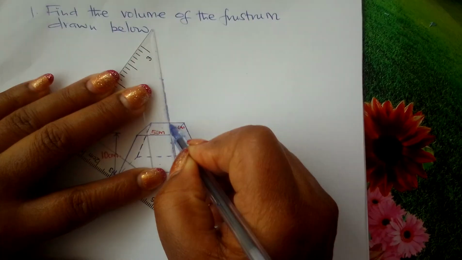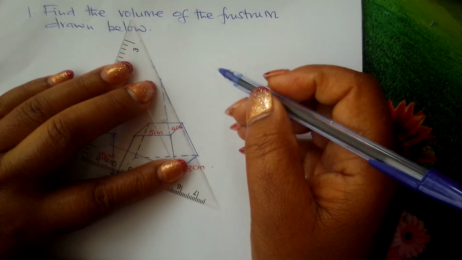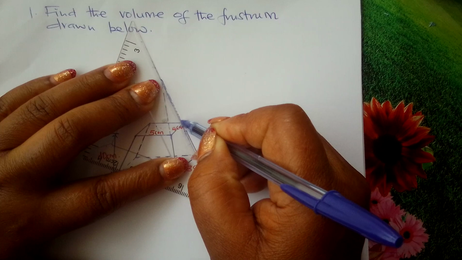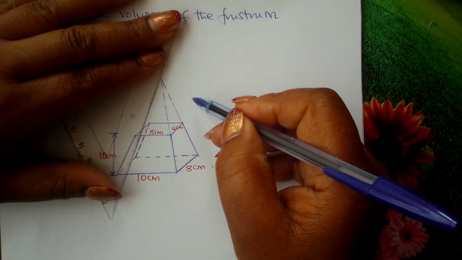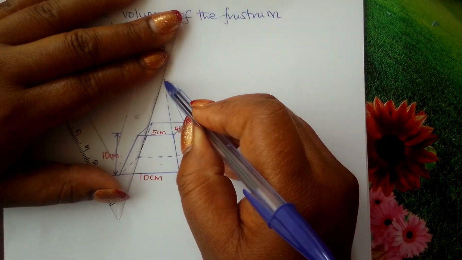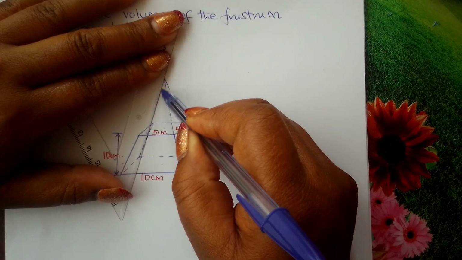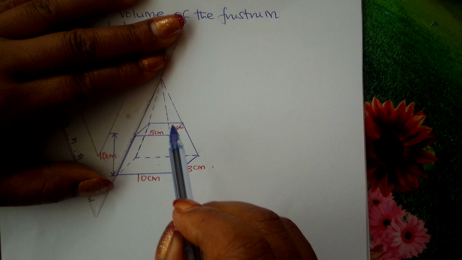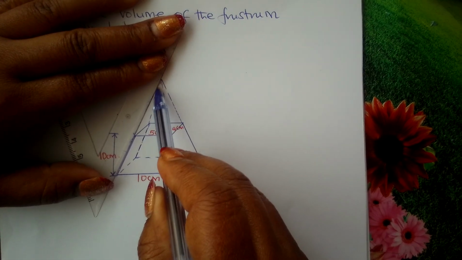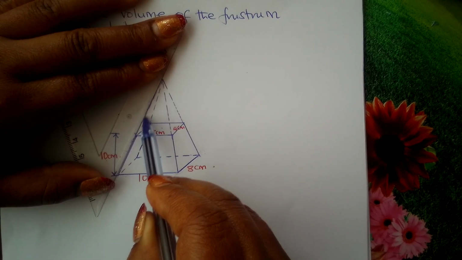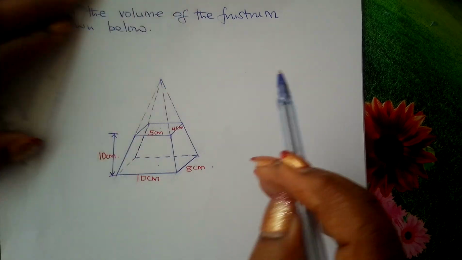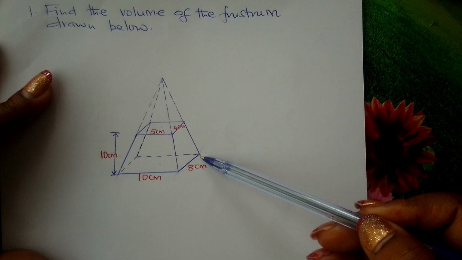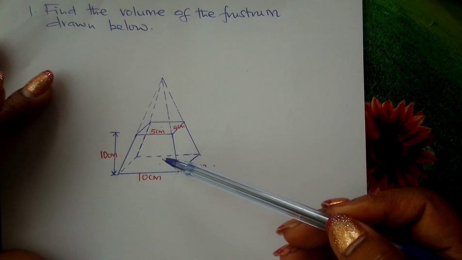So you produce these lines using broken lines, like that, and this other one, and we also produce this other one here. We now have the original pyramid from which this frustrum was got.